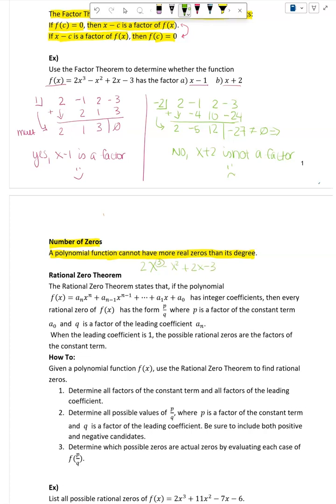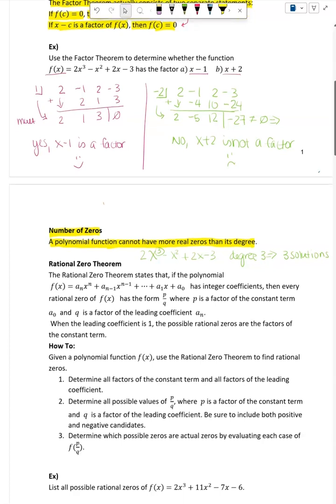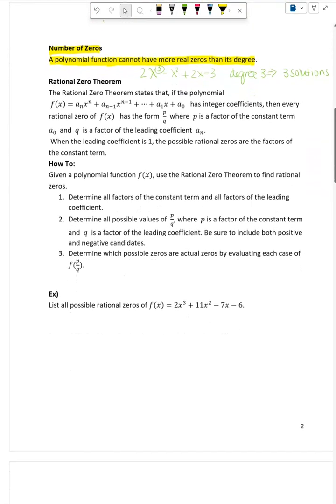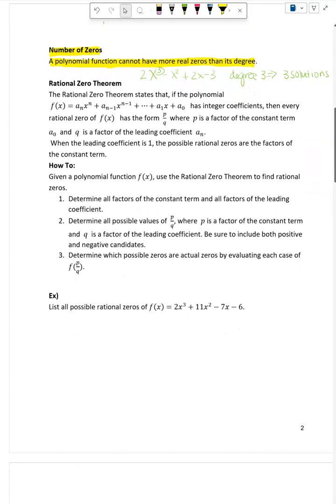We know that this is a degree of 3. So at most, it could have 3 real answers. Alright, so at most it could have 3 solutions. How about that? That's a pretty handy little tip right there.